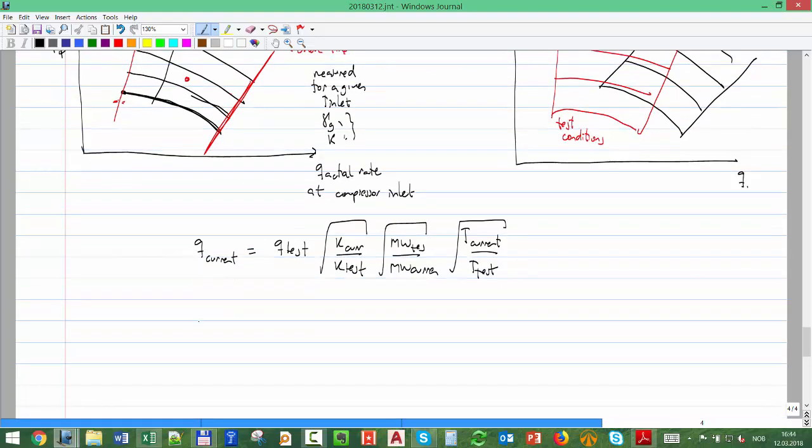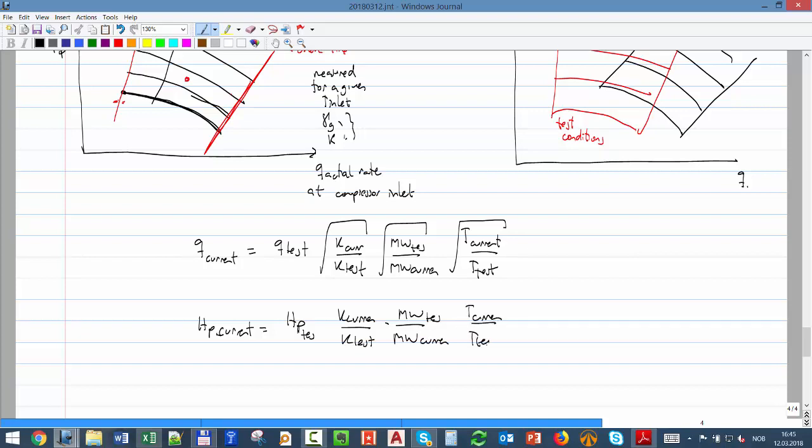And the H, the polytropic head of the current, will be the polytropic head of the test times K current divided by K test times molecular weight of the test, times T current divided by T of the test.